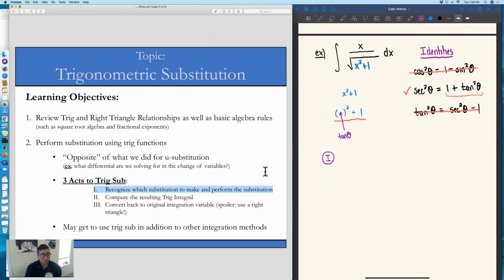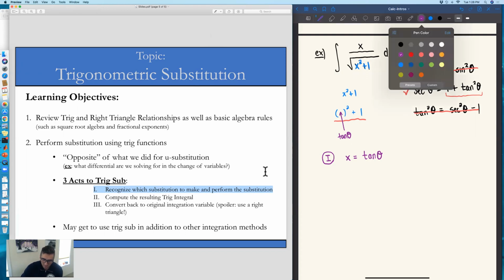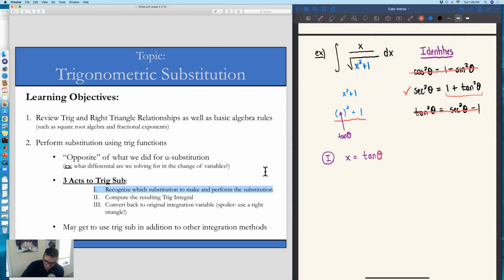We actually get to perform that substitution. And what we want to do is let x equal, in this case, tangent of theta. So anywhere there's an x in that original integral, we now replace it with a tangent of theta. But the thing I want us to notice is we're working in terms of a theta variable now. This theta variable isn't the original integration variable we began with, that x.